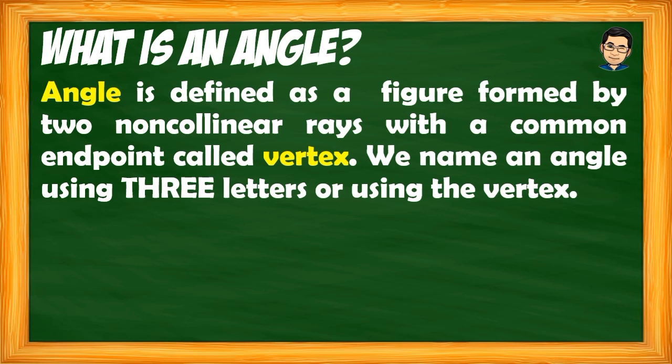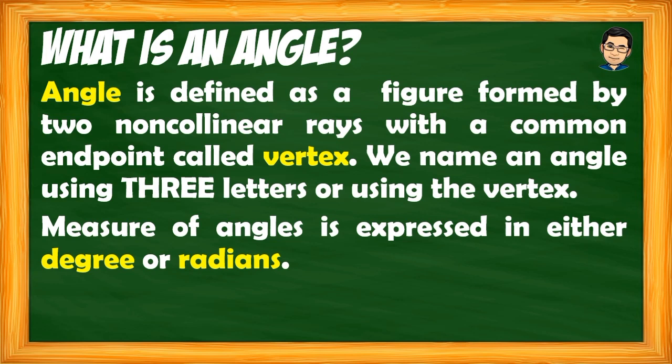And then kapag pinagdugtong natin yung dalawang non-collinear rays na yon, meron silang common endpoint. So yung common endpoint na yon ay tinatawag na vertex. And then, 3 letters ang kailangan natin para mag-name ng angle. O kaya naman, kung hindi given yung 3 letters, we can also name the angle using the vertex, yung common endpoint ng dalawang non-collinear rays.